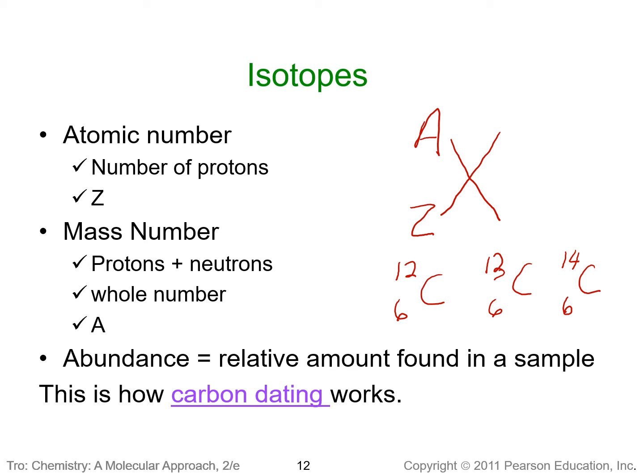They are found in different abundances in nature. Carbon-12 has the highest abundance. Carbon-14 has a very small abundance. Carbon-14 is radioactive, and it decays at a very predictable rate. And so we can use the amount of carbon-14 in a sample that was previously living to help identify how old it is. And that's how carbon dating works.